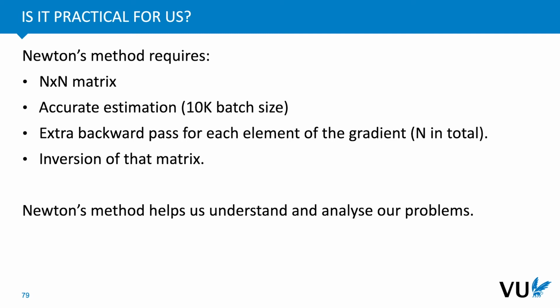And then if we finally have that matrix, we need to invert it. So basically, every one of these bullet points would make Newton's method a non-starter in deep learning, and all of them together makes it definitely a method that is not suitable for the kind of models that we're looking at.